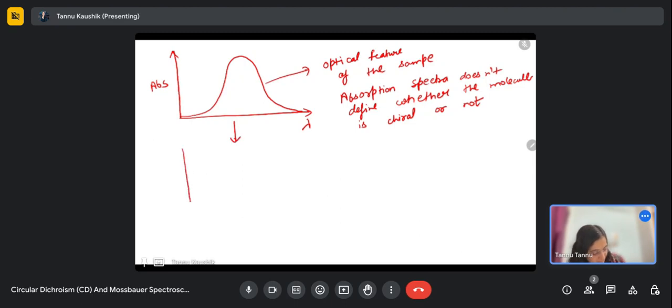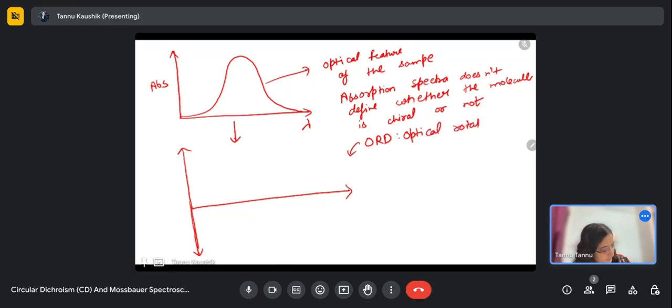And if we record a spectra in optical rotatory dispersion spectroscopy, it is the specific optical rotation versus the wavelength of the incident light.